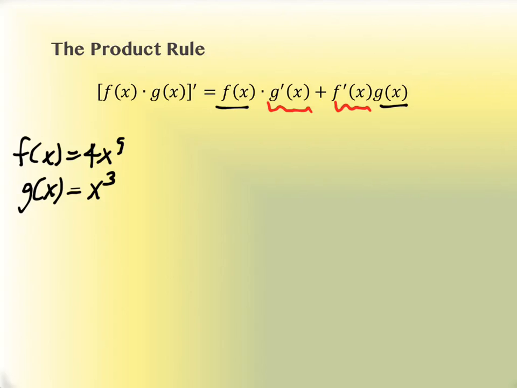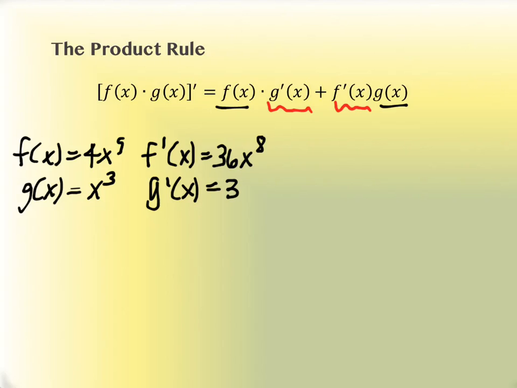Then f prime, which we already did, is 36x to the 8th, and g prime is 3x squared. What this rule is saying is that I take f of x, originally 4x to the 9th, and multiply it by the derivative of g, which is 3x squared.